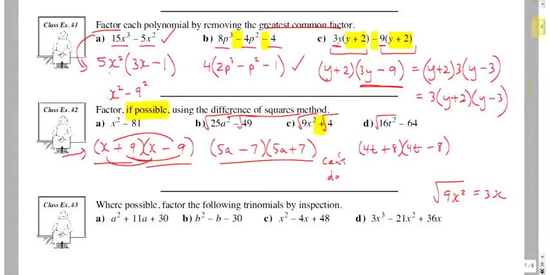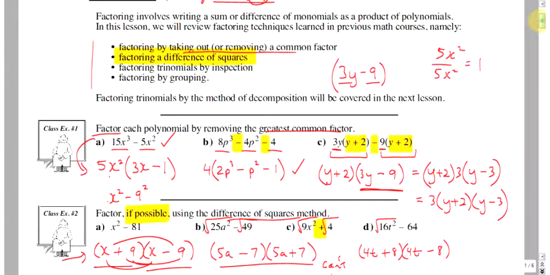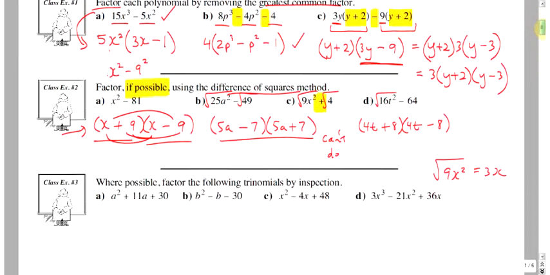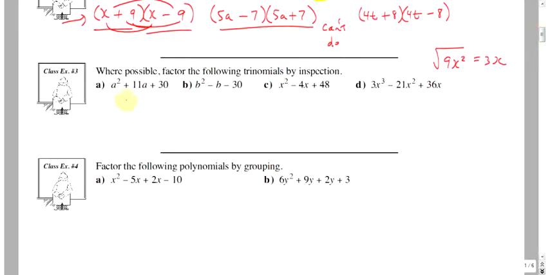What's the next one? Trinomials by inspection. Okay, that's a trinomial. Tri, 3, has 3 terms. We can do these by inspection because the number here is a 1. Okay?